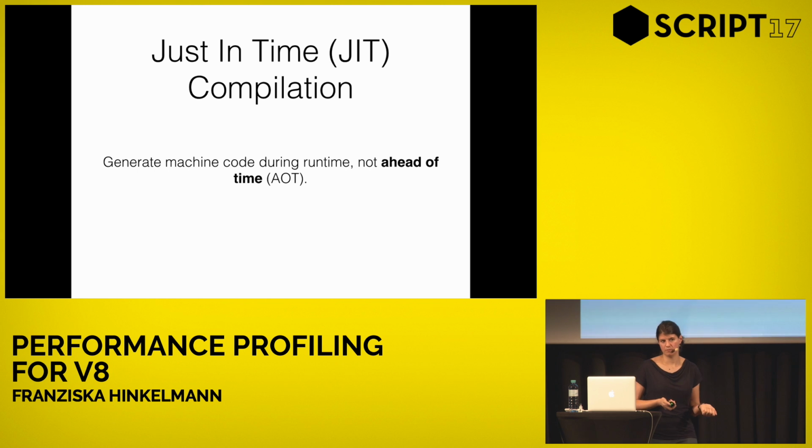So what all modern JavaScript engines do is just-in-time compilation. We are compiling just in time as we're using the function. That's sort of the opposite of ahead-of-time compilation, AOT. If you think about C++, you clearly do ahead-of-time compilation because it's a separate step from running your executable.